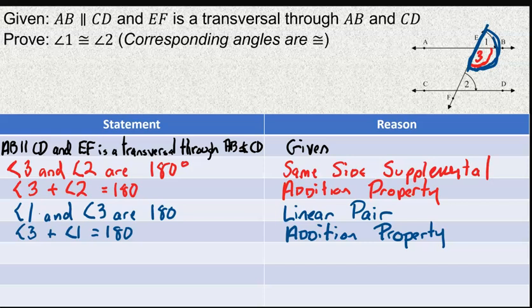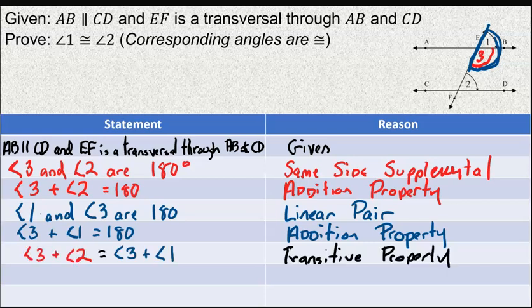What I'm going to do next is I'm going to employ the transitive property. And what I am saying here is that since angle 3 plus angle 2 equals 180, and angle 3 plus angle 1 equals 180, I could substitute one of those 180s for the expression angle 3 plus angle 1, which is what you're seeing.